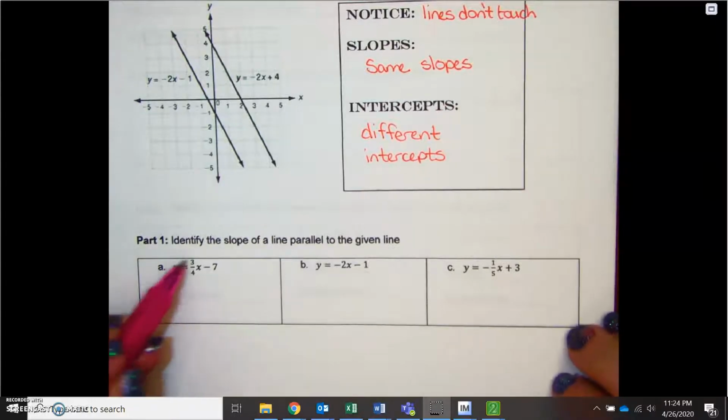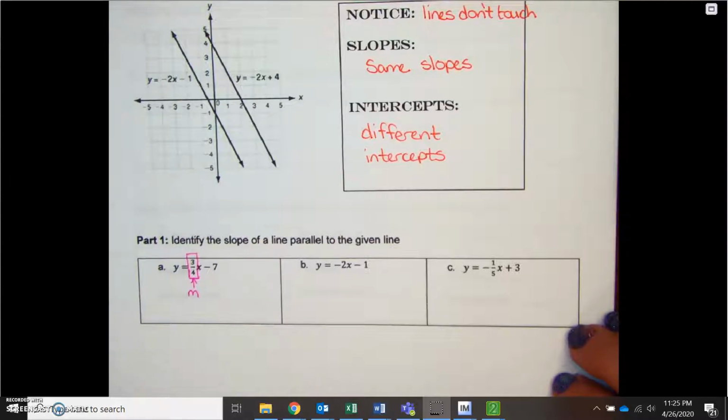So here's an equation. It's in slope-intercept form. I know that because y is all by itself and I don't see any parentheses anywhere, which means that I should be able to identify the slope of this line by identifying the number in front of the x. That is my slope. If we know the slope of this line, then we should be able to find the parallel slope.